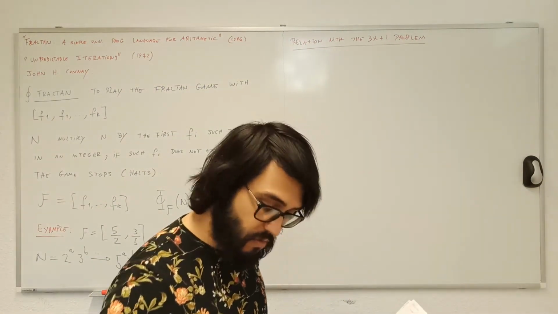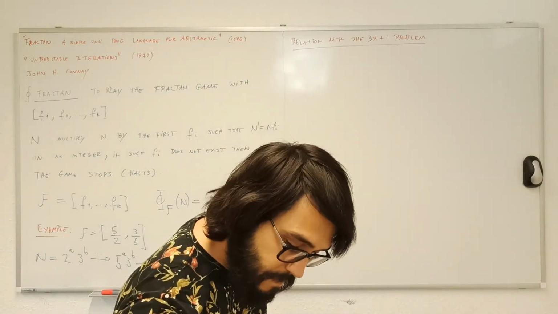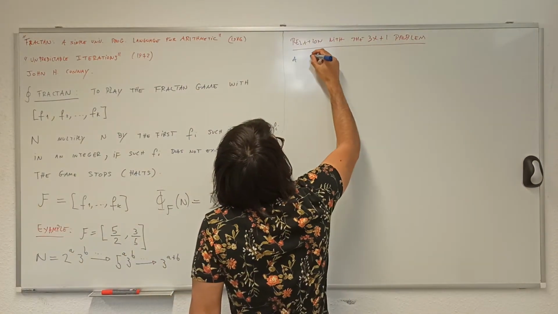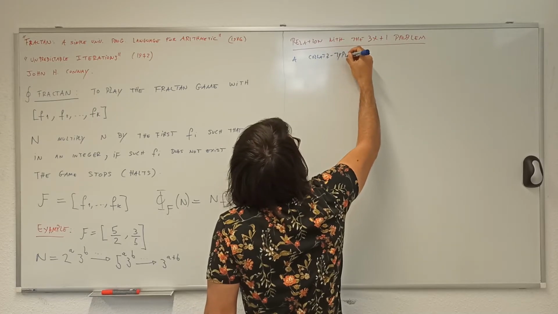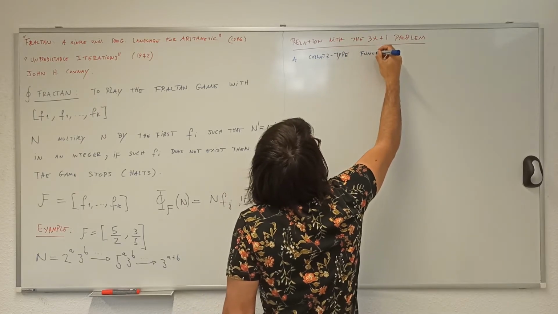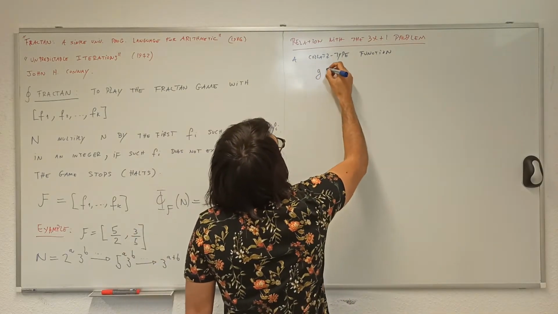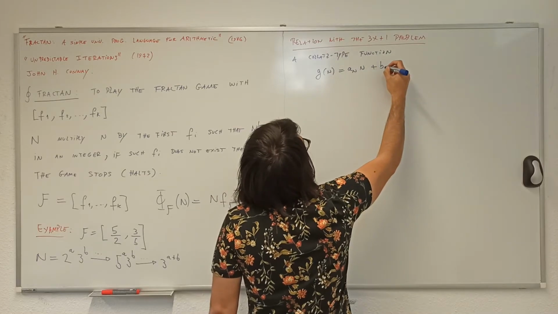So what's the relation with the Collatz map? In general, you could think of a Collatz type function as something like g(n) = a_n n + b_n.